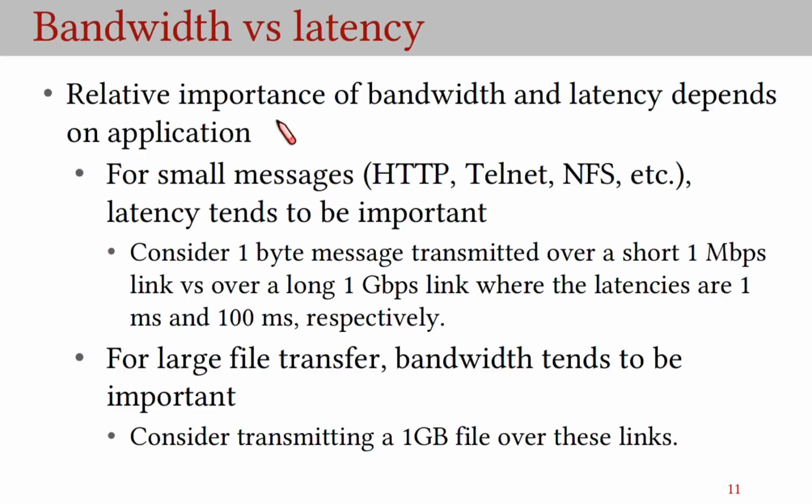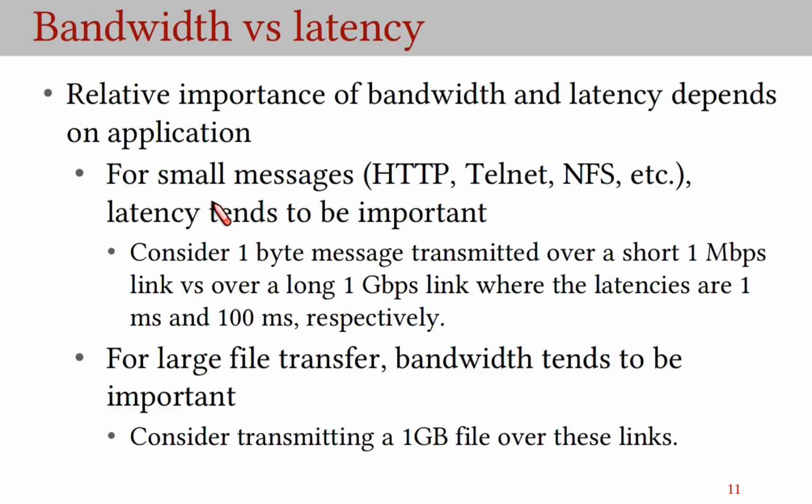For the two metrics, bandwidth and delay, their relative importance depends on application. For the applications that send small messages, latency becomes important. A low latency, low bandwidth link for these applications is preferable to some high latency but large bandwidth links.